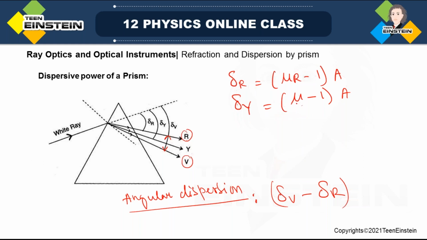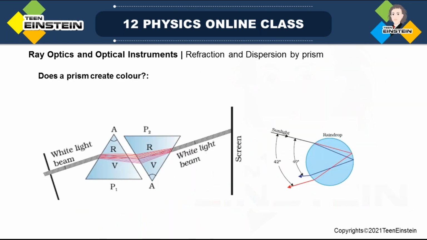This is the refractive index of the yellow, or the mean color, and delta V is with mu V, the refractive index of the glass for the violet light. This is for the red light, and this is for the mean color yellow. So these are formulas we have already learned, right?